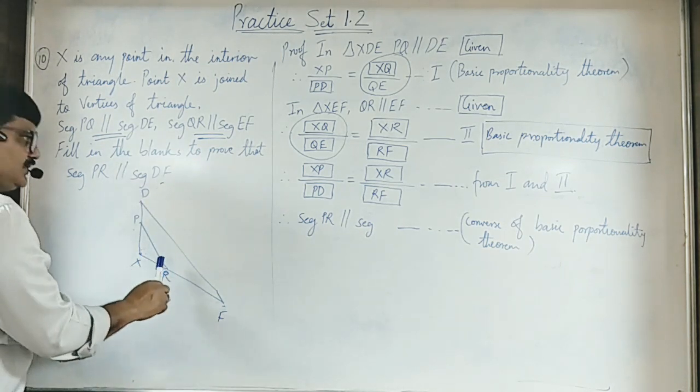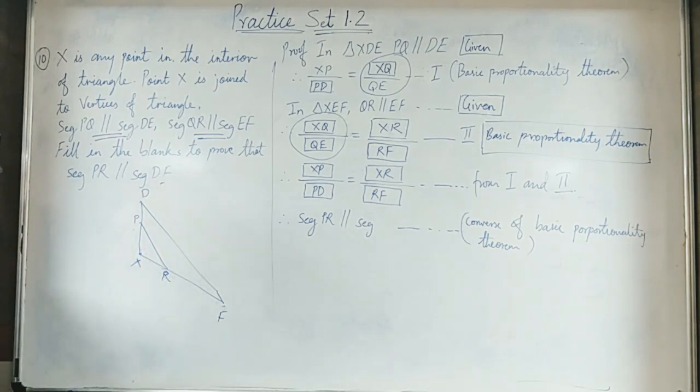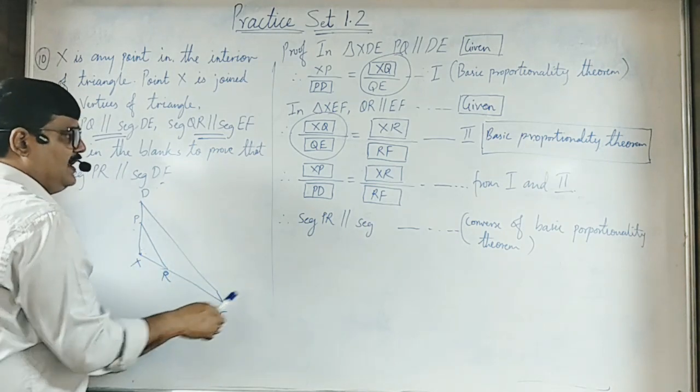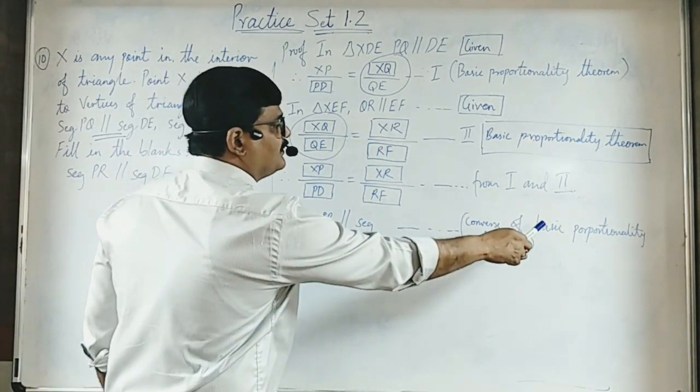So if these ratios are equal, then the lines are parallel. Then we can say that PR is parallel to DF, and that is because of what? Converse of basic proportionality theorem.